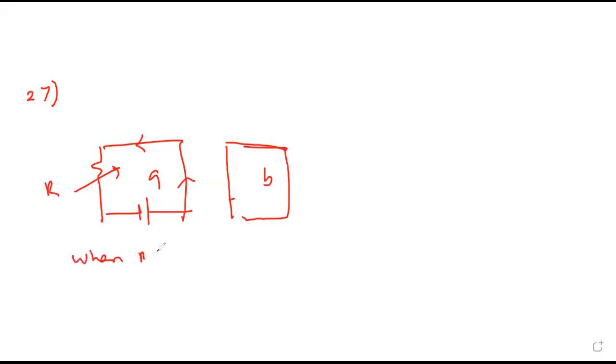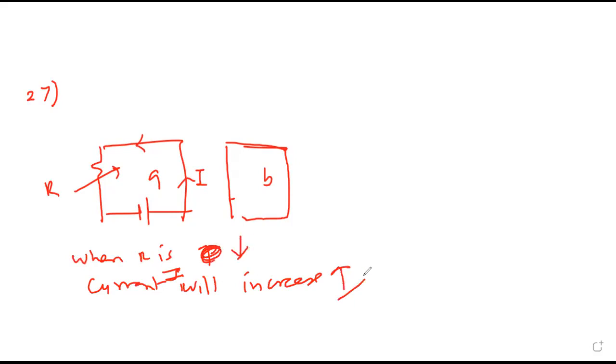When R is decreased, can I say current will increase? This current I will increase, correct or not? R is decreased, then current I will increase, that is true. What will be direction of field associated with B? Out or in? In. Inward, correct?